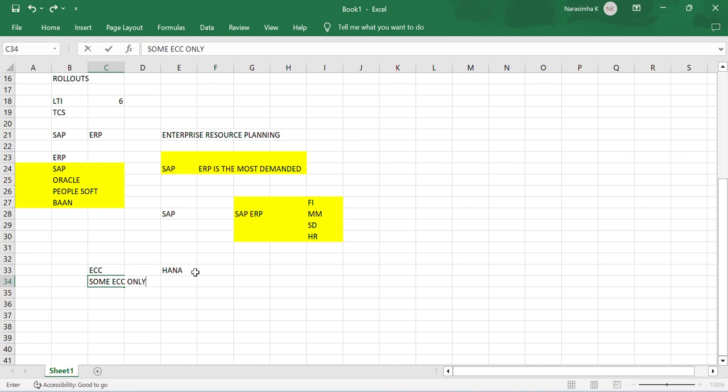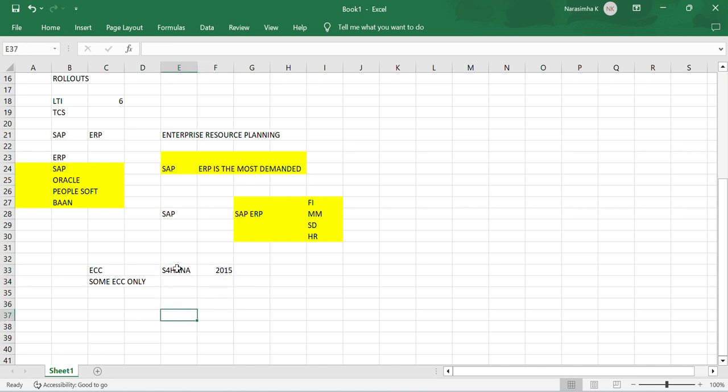But the latest SAP version is S/4HANA. This was released in 2015. Some clients have already migrated to S/4HANA, and now if you put any job or resume online, everyone will ask for HANA only.